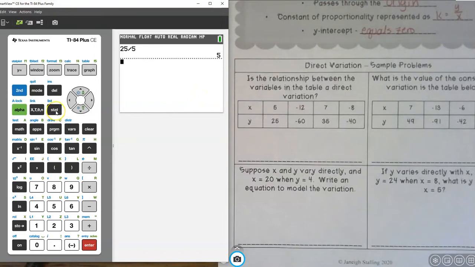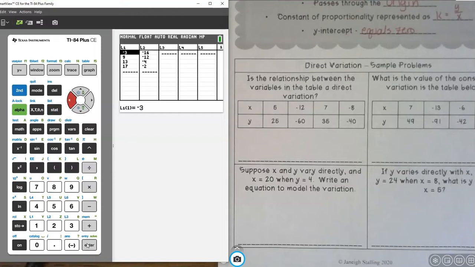The other thing that we can do with the calculator is go to stat if you're using a TI-84 and do what we did for linear regression. If we type all our values in, x is going to list 1, y is going to list 2.